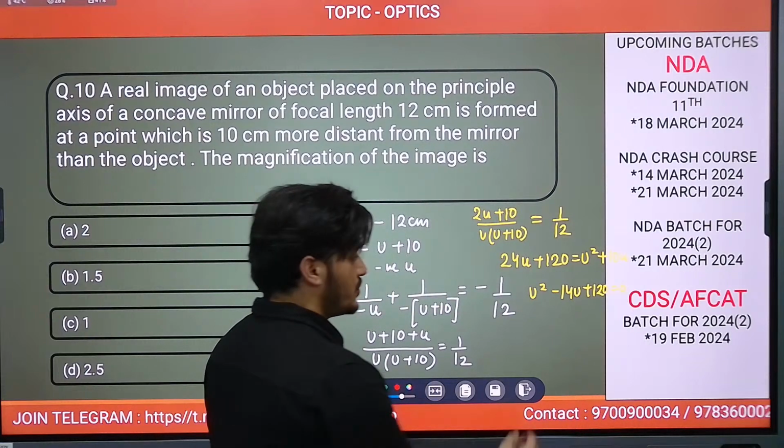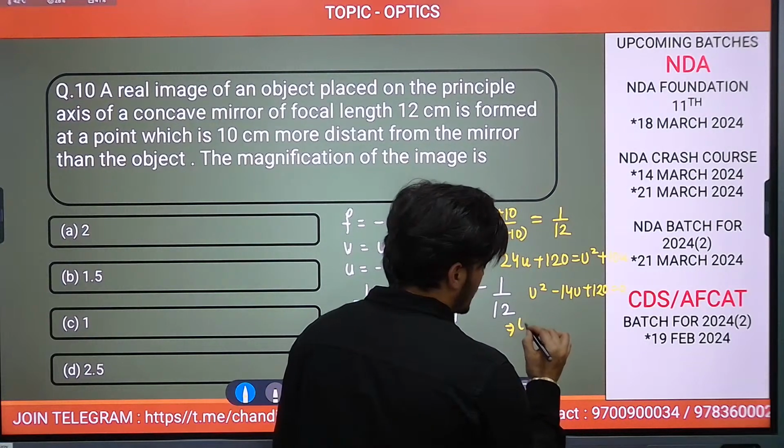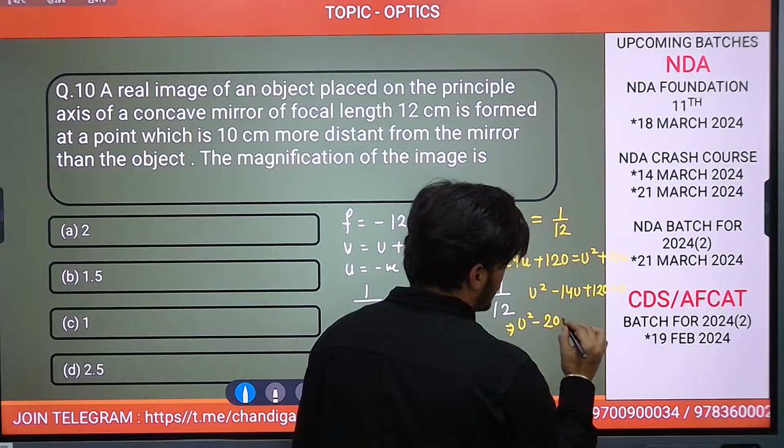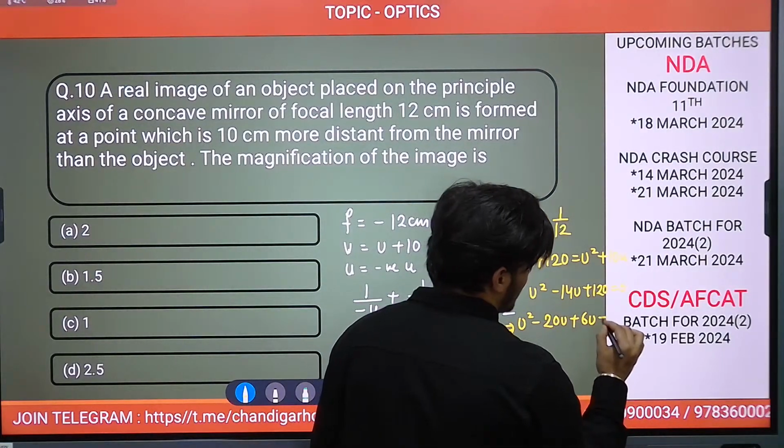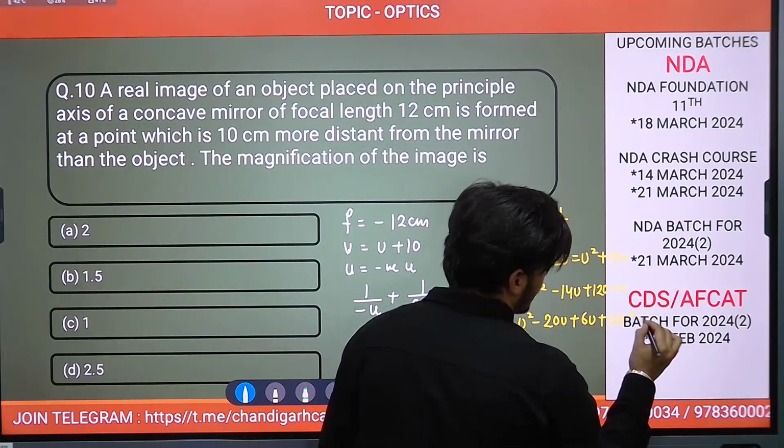So it's a quadratic equation, तो change कर देंगे u² - 20u + 6u + 120 = 0.